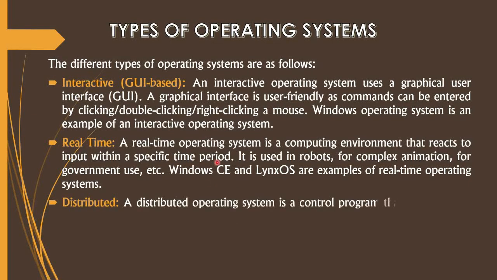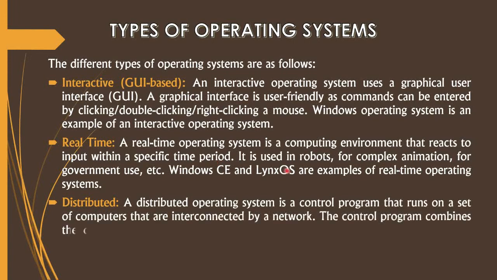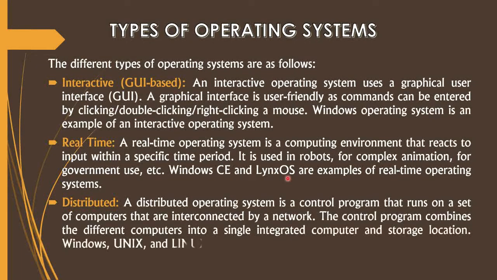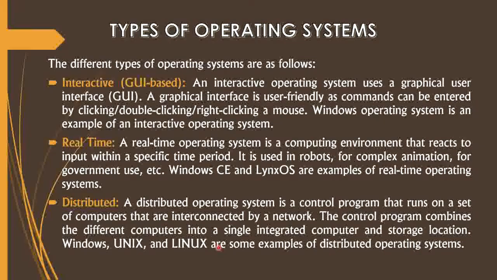Then distributed. A distributed operating system is a control program that runs on a set of computers that are interconnected by a network. The control program combines the different computers into a single integrated computer and storage location. Windows, Unix, Linux are some examples of distributed operating systems. A distributed operating system works from one computer to another computer, interconnected by a network.